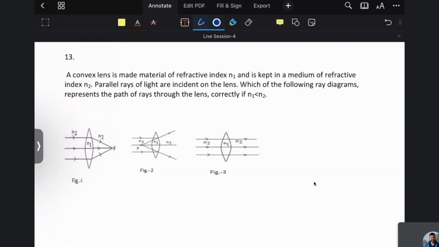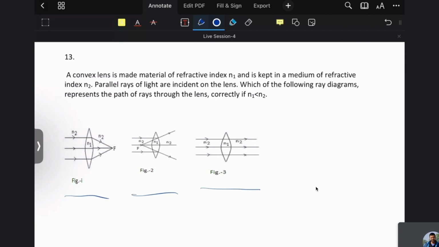Okay. Parallel rays are incident on the lens. Which of the following ray diagrams represent the path of the rays through the lens? So tell me which figure looks appropriate to you.